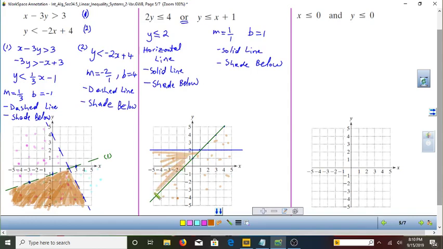So we're talking about this region in this little space here, bottom left, then bottom right zone, and then we go up to the top right zone right there, and that's our solution set.